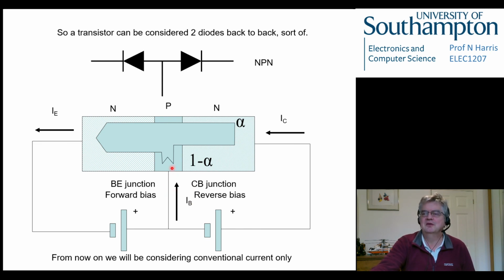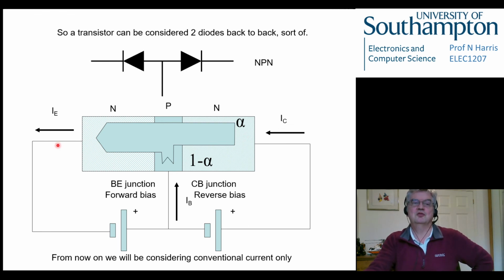So a big beta implies an alpha close to 1, but beta can be a number that can be like 500 or something. They're fundamentally linked. If you know what alpha is, then you can get beta from it. It's very straightforward. From now on, you'll be pleased to know we'll be considering conventional current only. So that's the opposite direction to electron flow, but that's okay. That's just normal current.